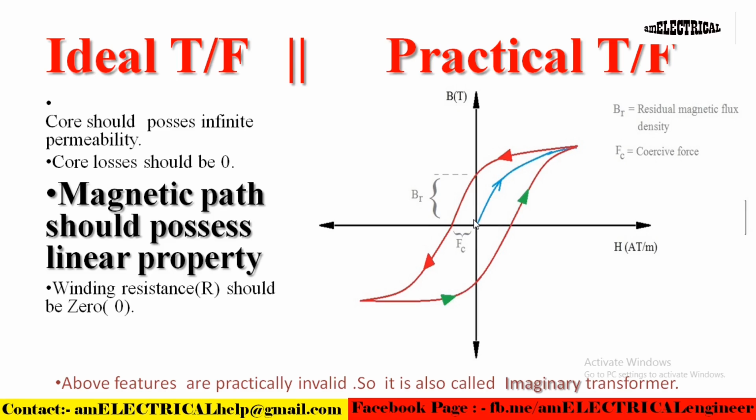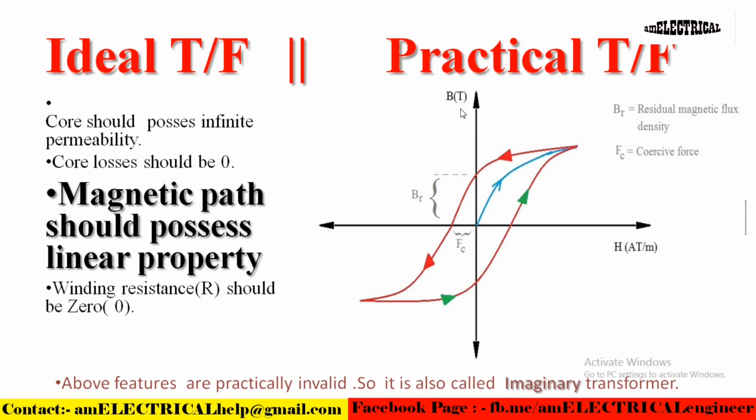Here B represents the magnetic flux density, which is equal to flux divided by area. That's why its unit is Weber per meter square, because the flux unit is Weber and area is meter square, so Weber per meter square, or Tesla.